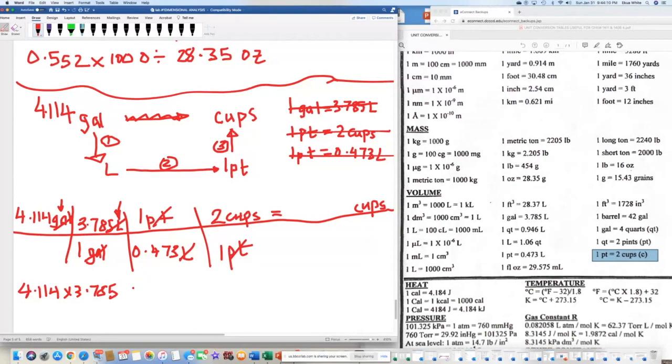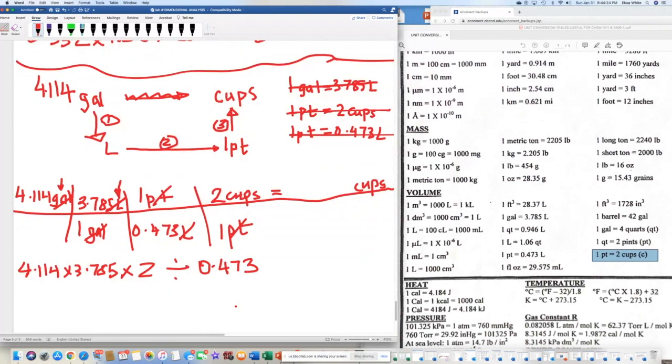You can leave the one out. Only the units are being canceled out, not the numbers. Times 2 divided by the ones you can ignore. Divide by 0.473. You cannot just cancel that number out until there's a number just like it in the numerator.